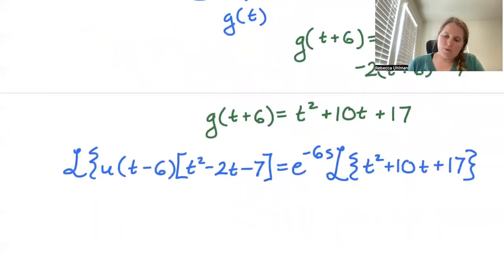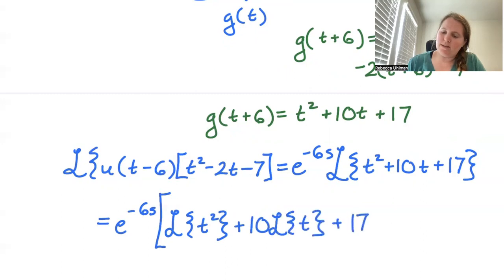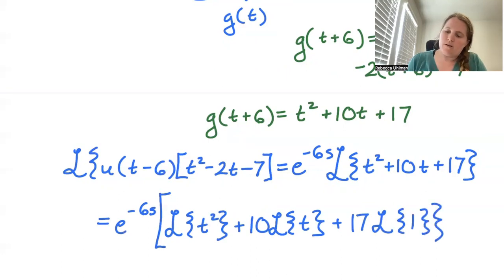Now from here we can work our way through. This is e to the negative 6s times the Laplace transform of t squared plus 10 times the Laplace transform of t plus 17 times the Laplace transform of 1. Oops, that last one should be a square bracket at the very end there.